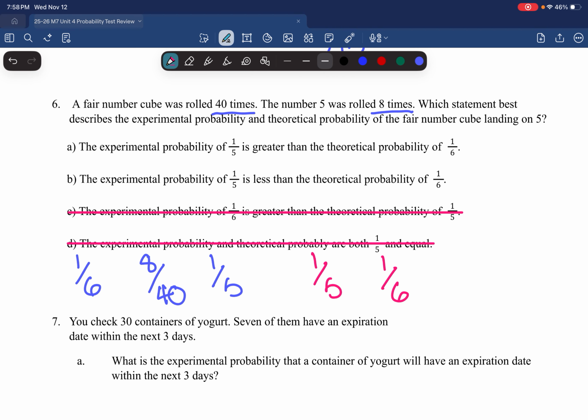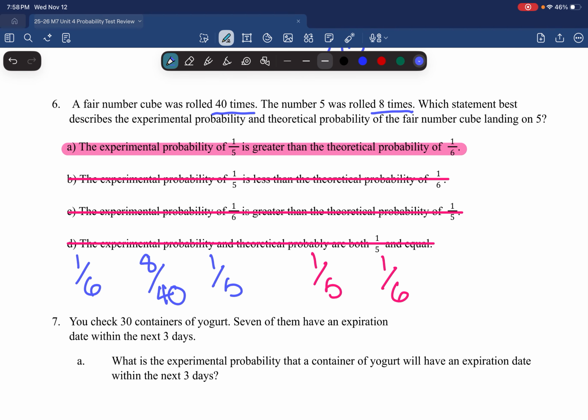The experimental probability of 1/5 is less than the theoretical probability of 1/6. Well, I know that's wrong too, because 1/5 is bigger than 1/6. So my answer is going to be A. The experimental probability of 1/5 is greater than the theoretical probability of 1/6. So that's going to be my answer.